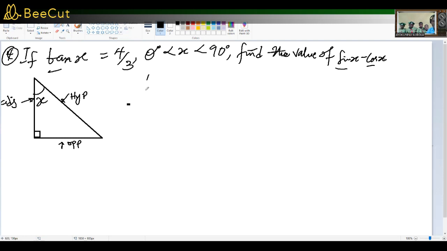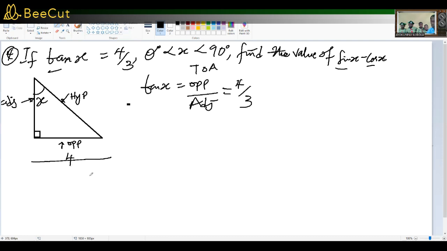And the question says tan x equal to, tan is TOA, which means tan is opposite over what? Adjacent. And this says 4 over 3. That means the opposite side measures 4, and the adjacent measures 3.